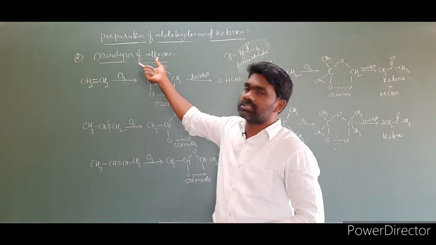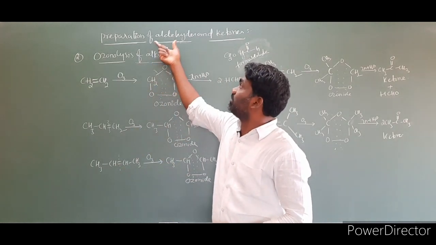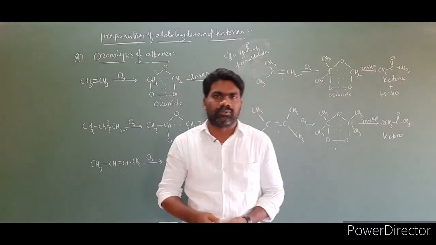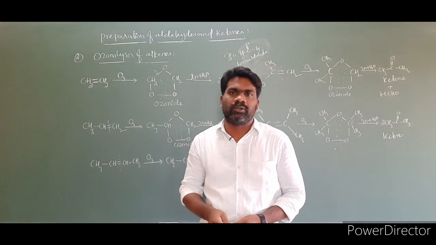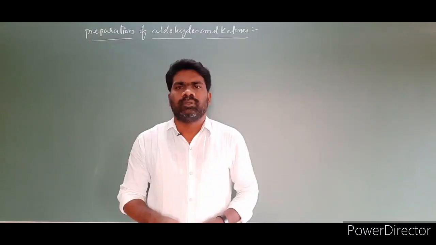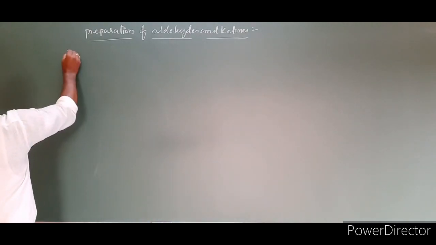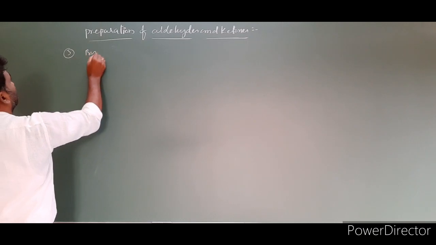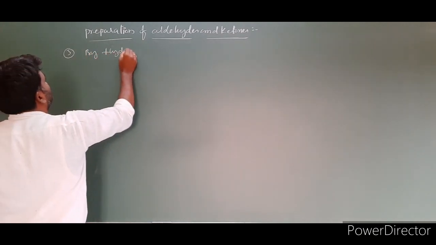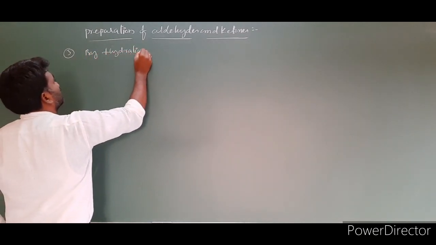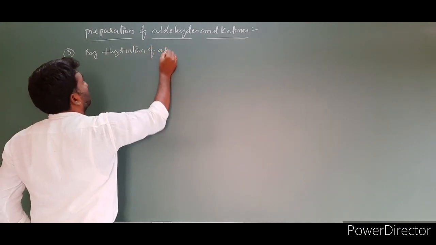By using ozonolysis of alkenes, we are able to prepare both aldehydes and ketones. This is the second method. Next one, the third, is by hydration of alkynes.